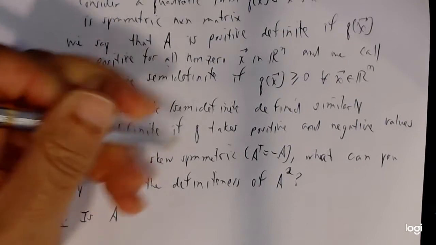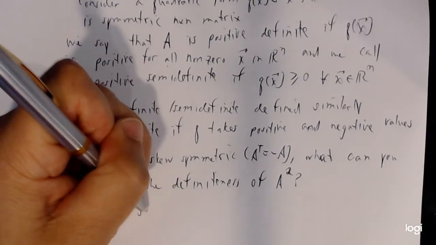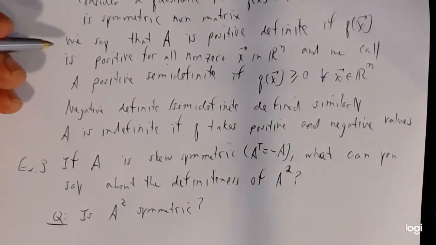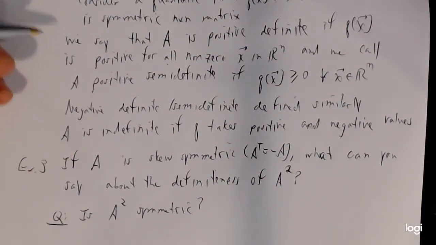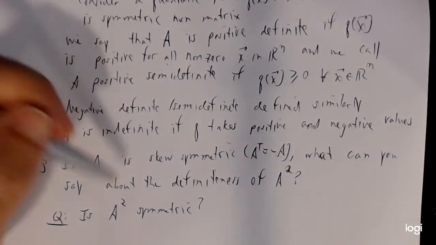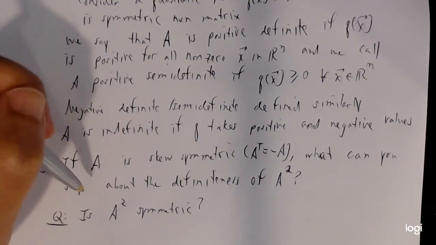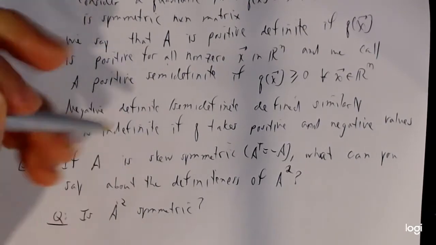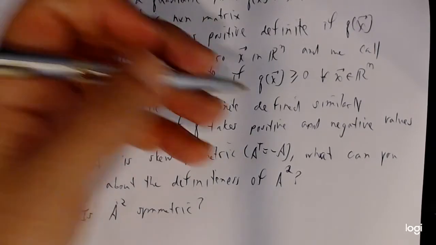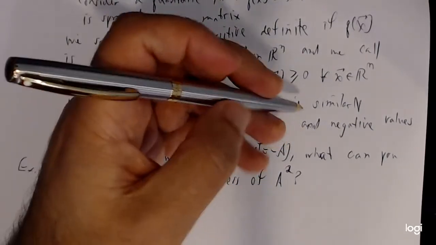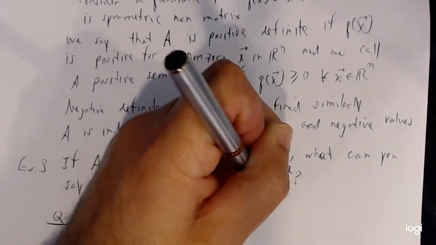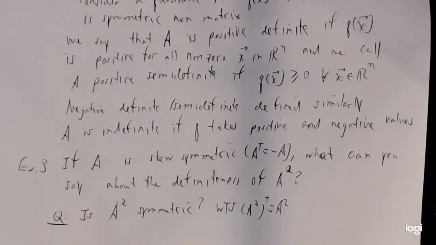The first question is, is A squared symmetric? Because if it is symmetric, then we can use the ideas of quadratic forms that we've talked about earlier on. So we want to show A squared transpose is the same thing as A squared.